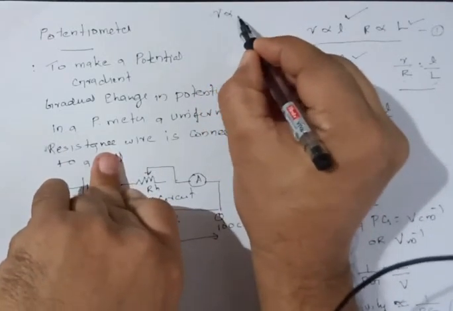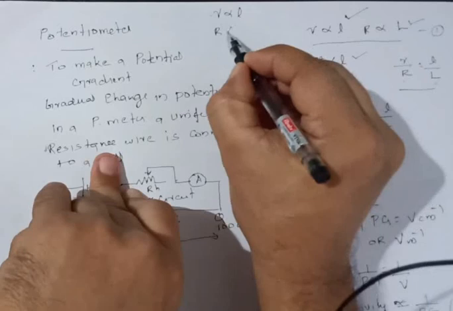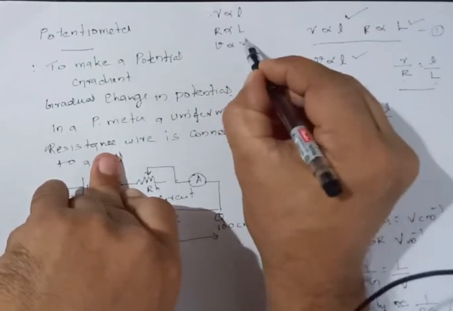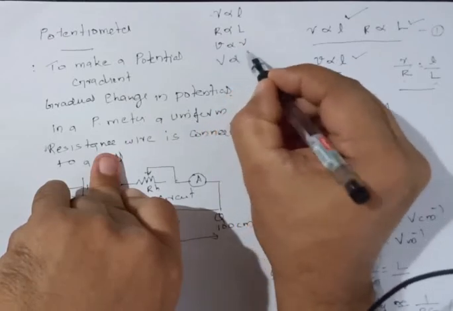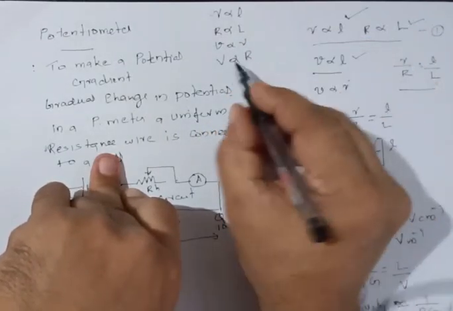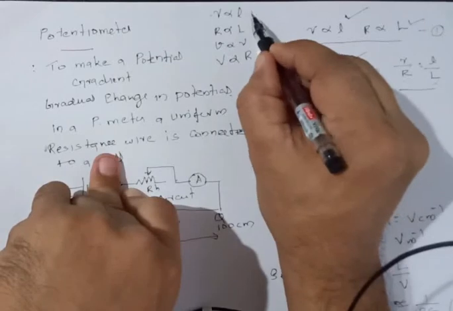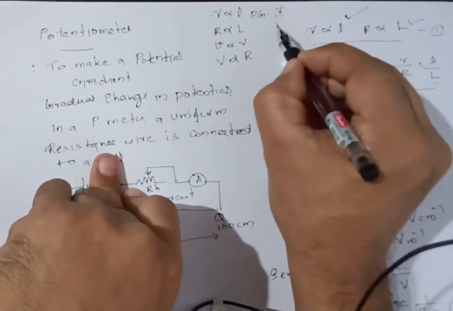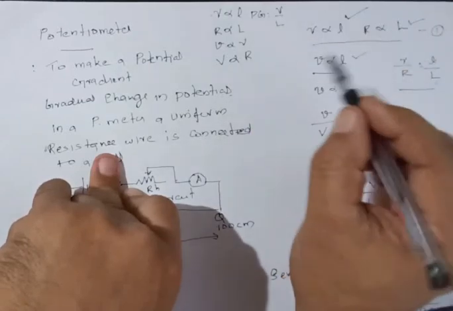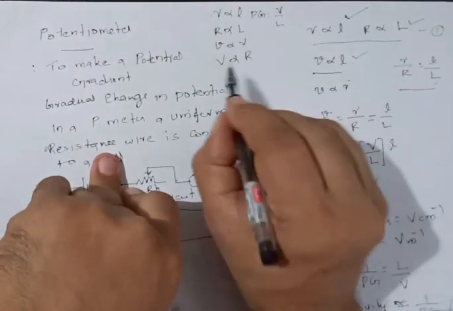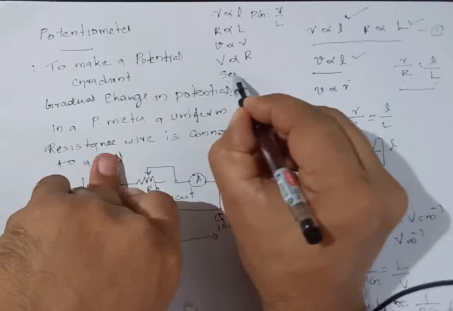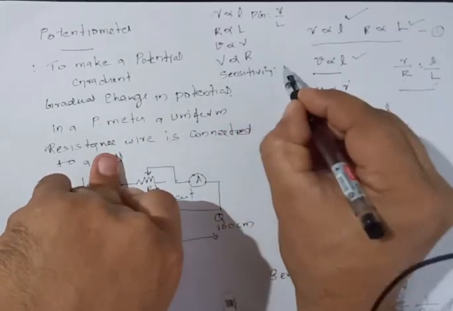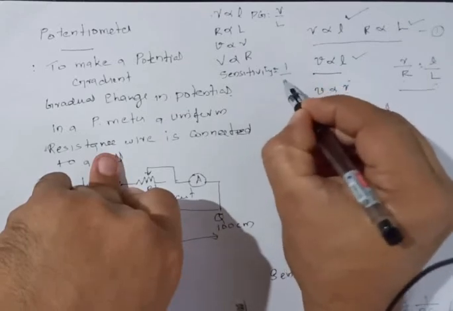r is proportional to l, R is proportional to L, small v is proportional to r, capital V is proportional to R. Then potential gradient is V upon L. Then we have one more, sensitivity, which is equal to 1 upon potential gradient.